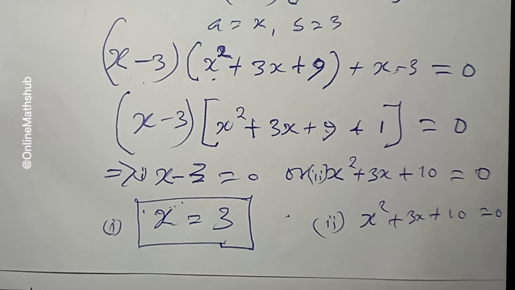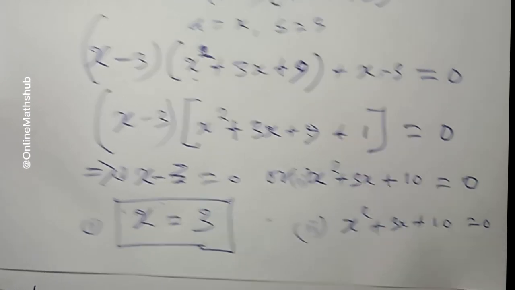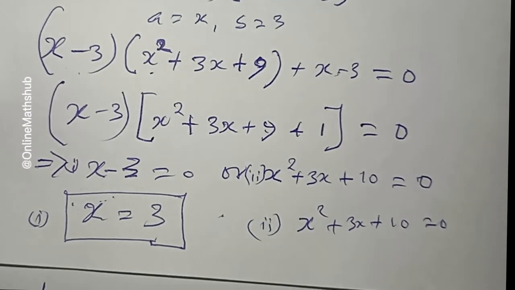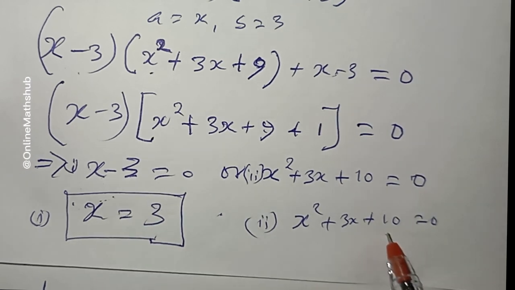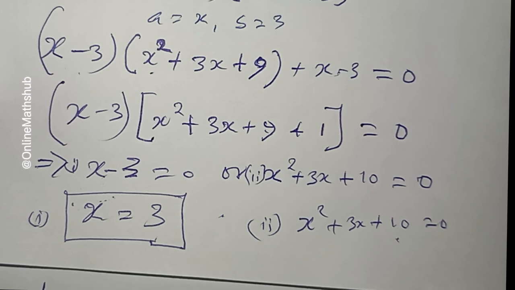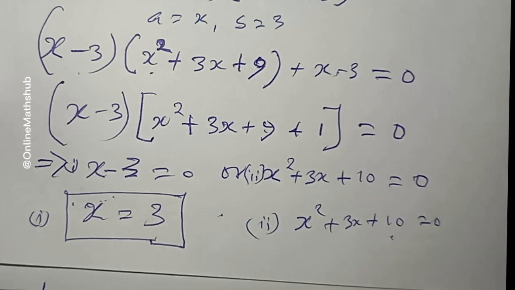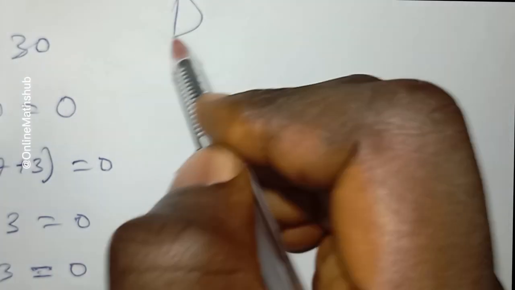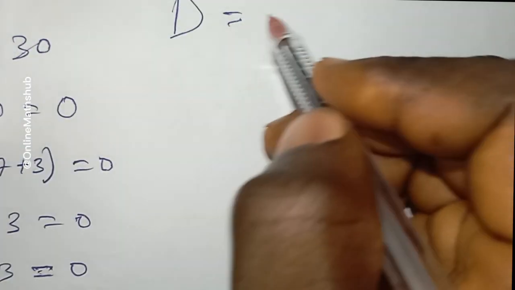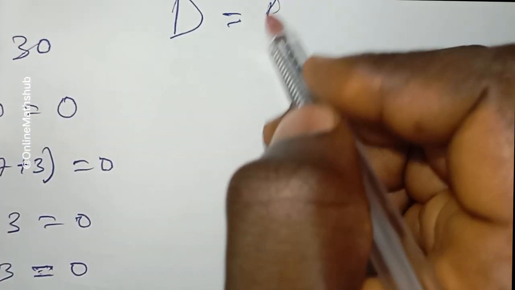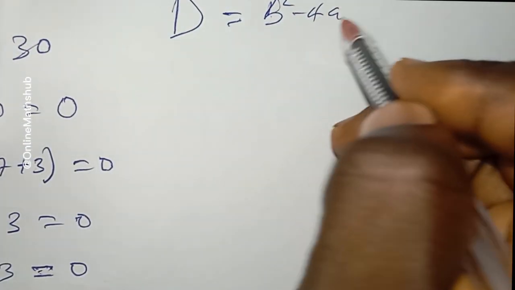Because we are interested in getting the real value of x that is going to satisfy the problem we are solving, we go ahead to compute the discriminant of this quadratic equation and find out whether it has a real root. The discriminant is given by b squared minus 4ac.